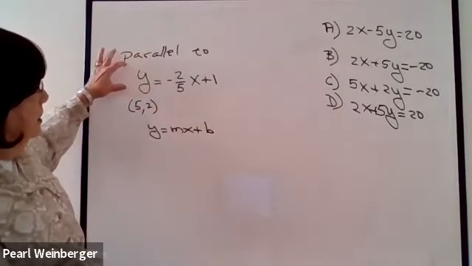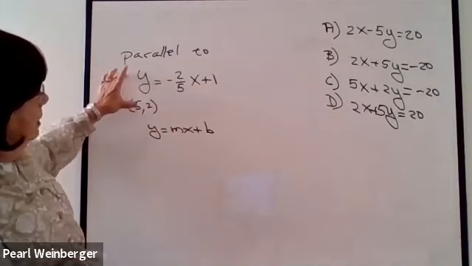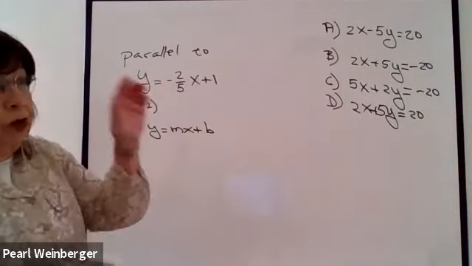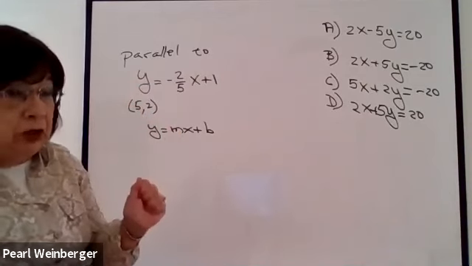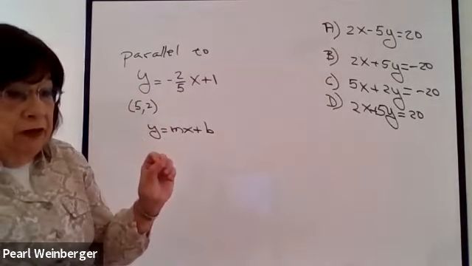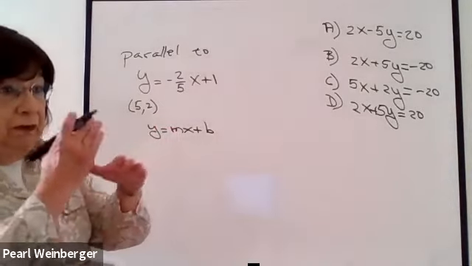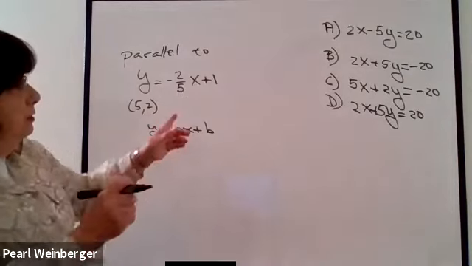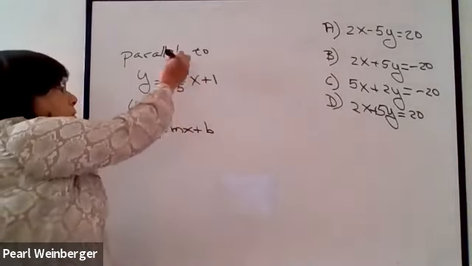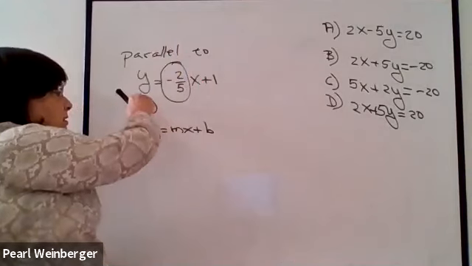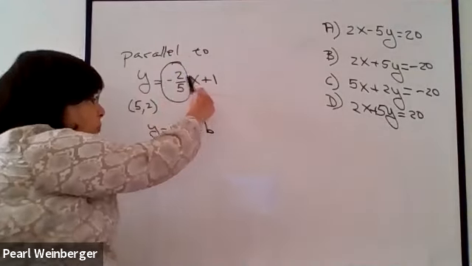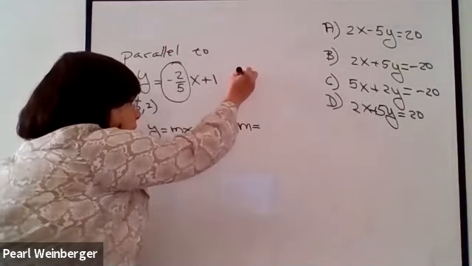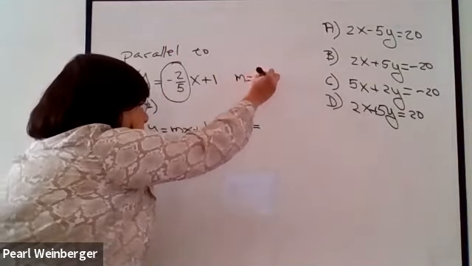Now, the fact that the lines are parallel tells me that they have the exact same slope. Remember, parallel lines have the same slope. Perpendicular lines, the ones that meet at right angles, have opposite reciprocal slopes. This is parallel. We know that the slope of this line, since this is in the y equals mx plus b form, is -2/5.